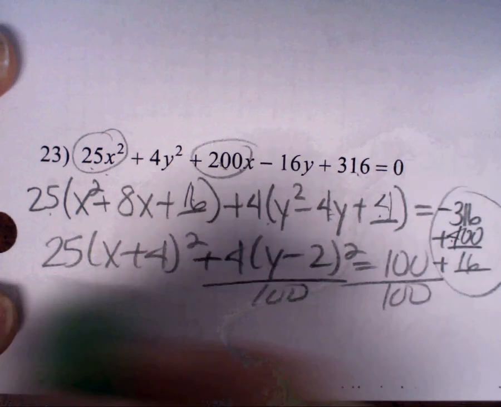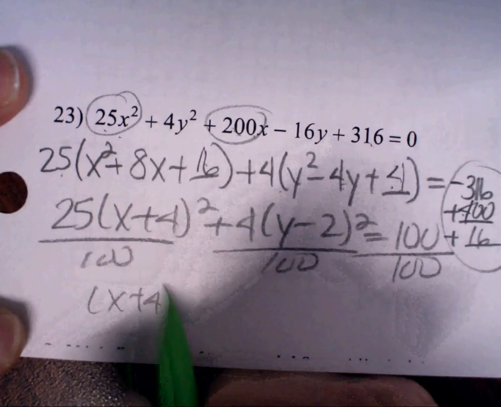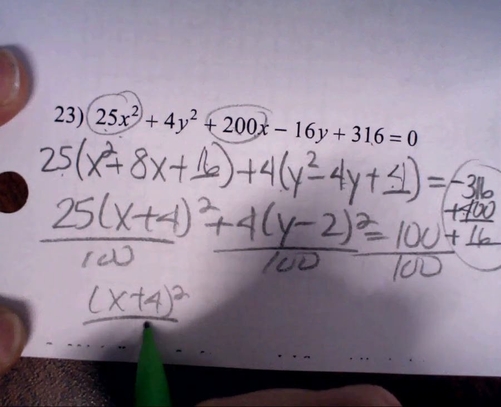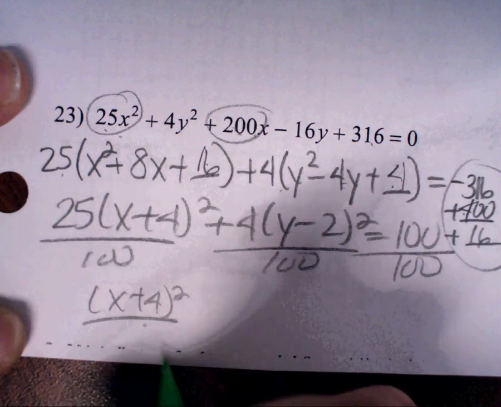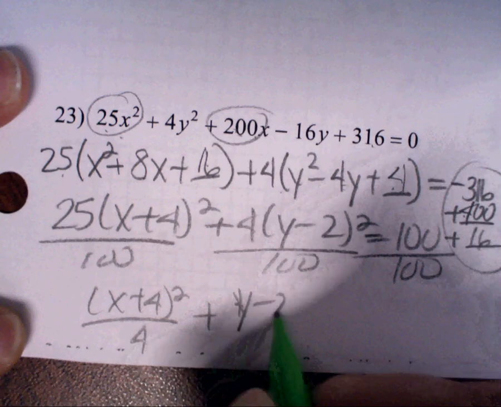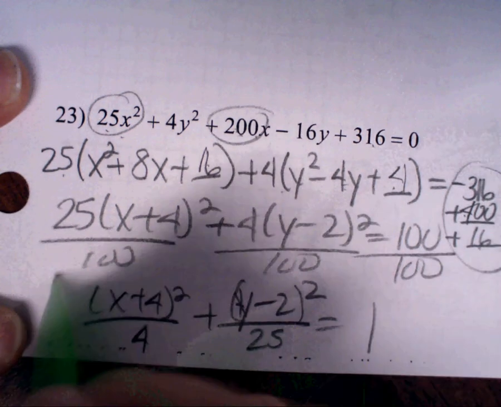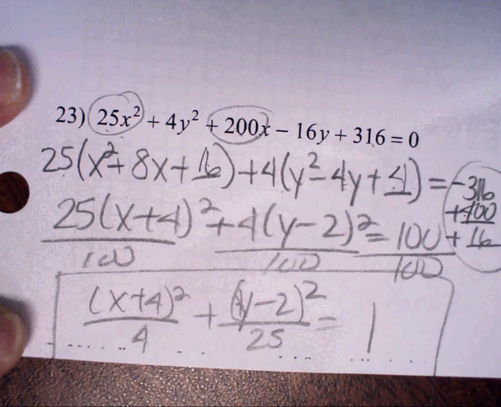Divide by 100. So (x plus 4) squared over 4 plus (y minus 2) squared over 25 equals 1. And it's an ellipse.